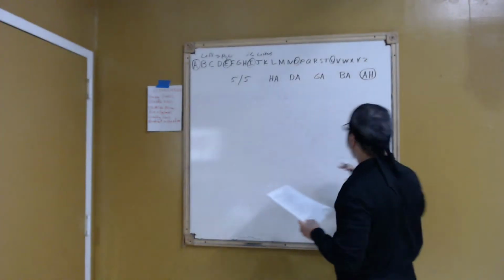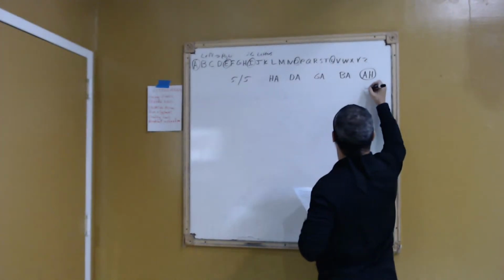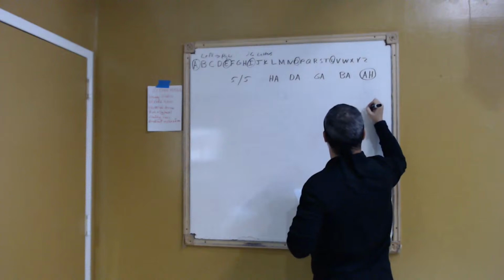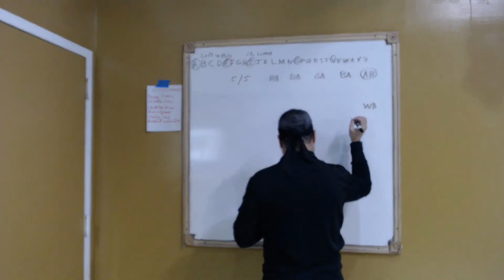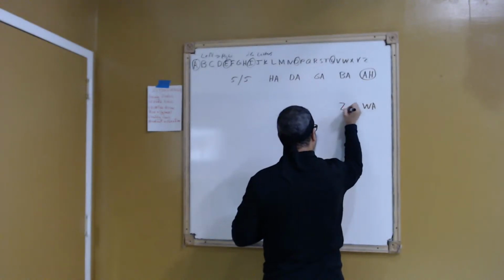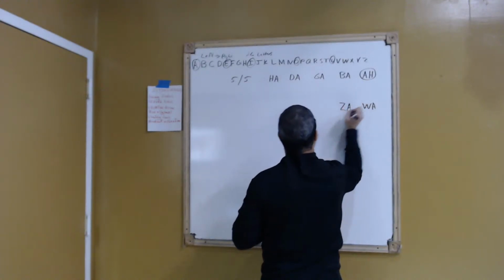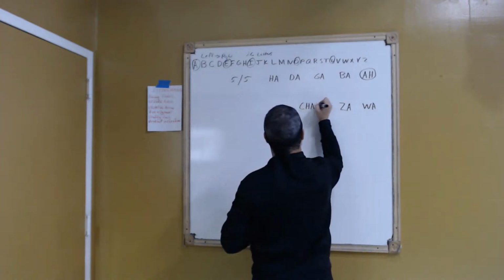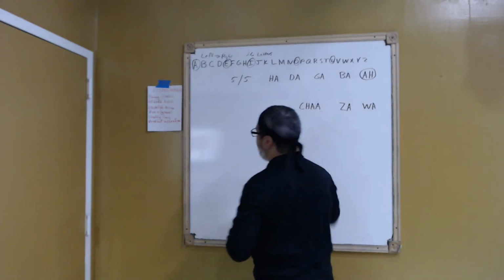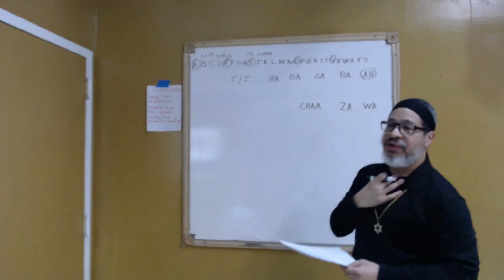The next sequence was wa, za, ka. Remember, this is as if you got something in your throat.